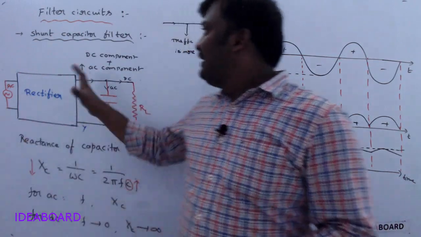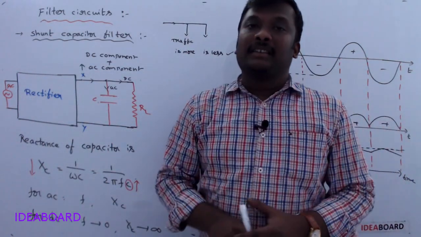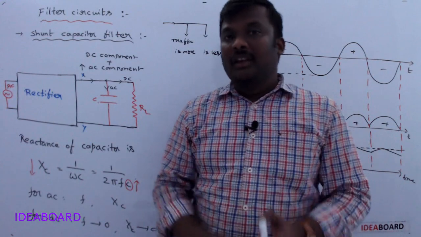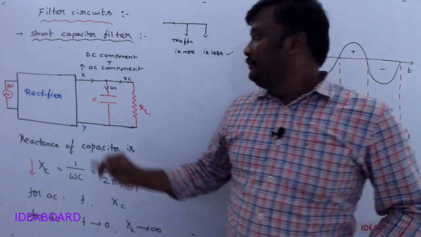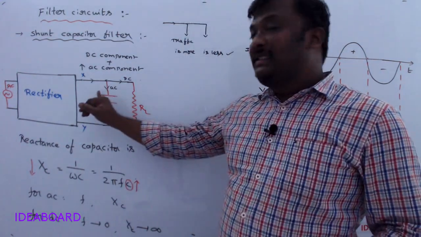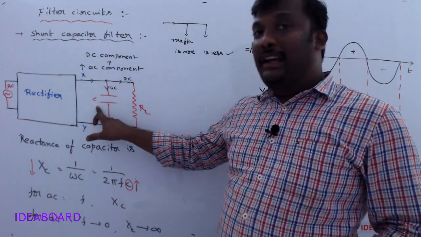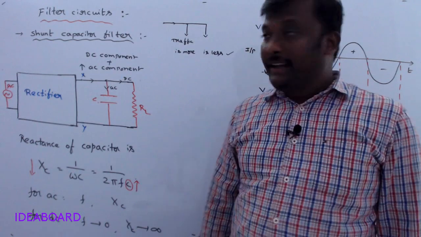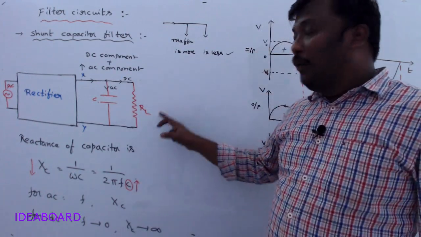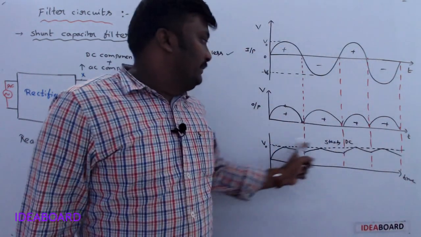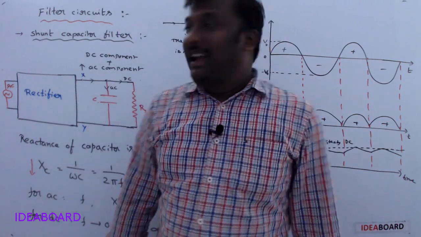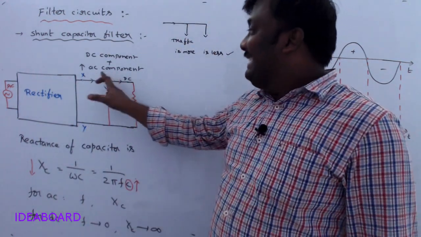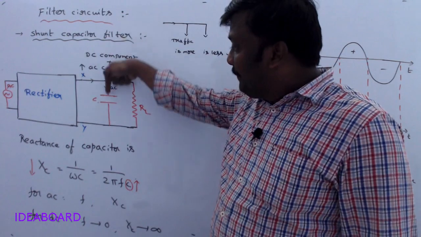So this is about the shunt capacitor filter. What is a shunt capacitor filter? A capacitance of large value connected parallel to the load resistor, so that the output contains only the DC component, and any AC component is bypassed through the capacitor.